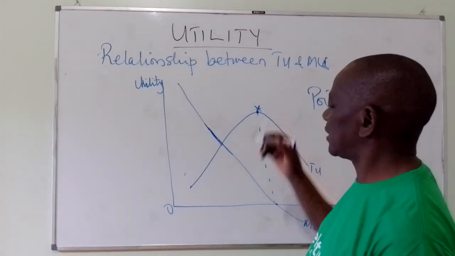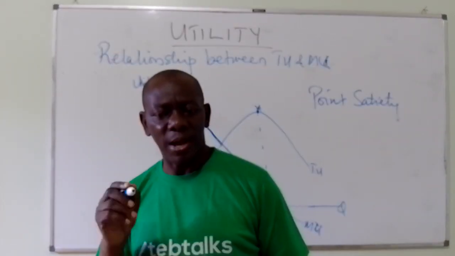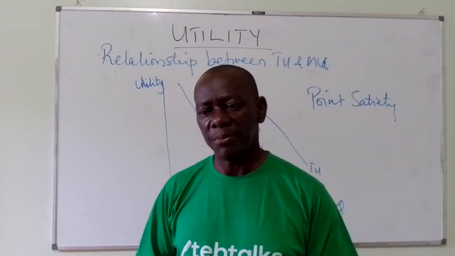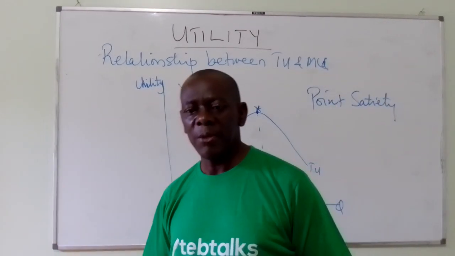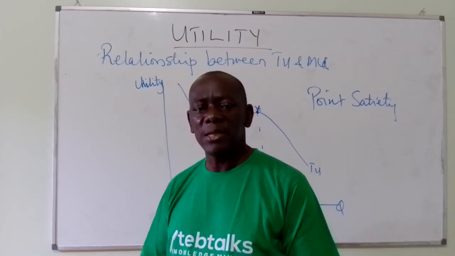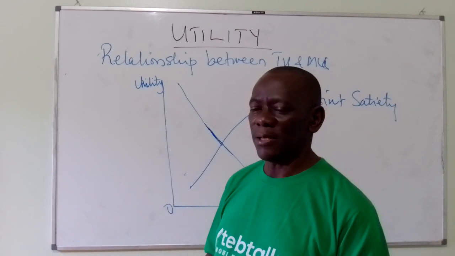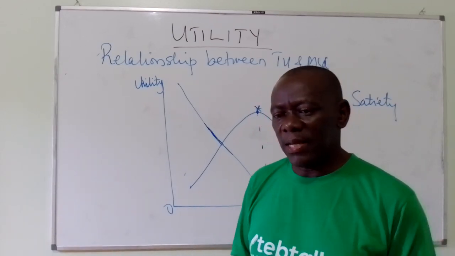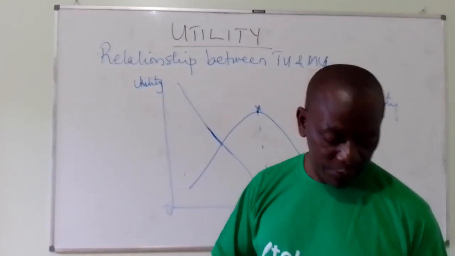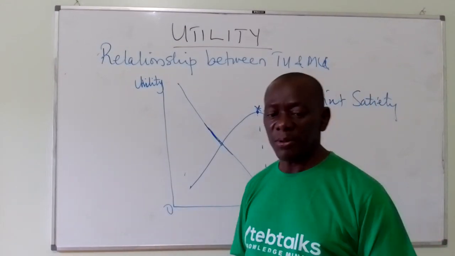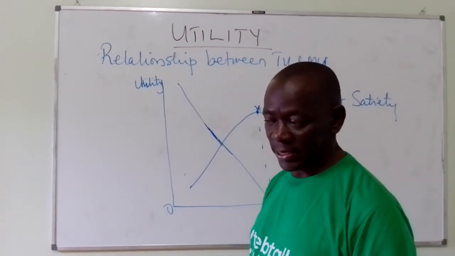So this point of satiety is the maximum point that you should stop at when you are consuming a product. Any extra unit that you will take will not give you satisfaction. Instead, it is going to be negative. Instead, it is going to cause danger to your life, either health-wise or even mentally. You may end up doing some things that are abnormal. Why? Because you have overtaken the product.